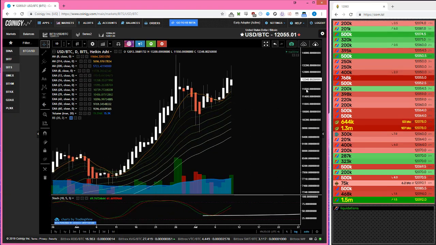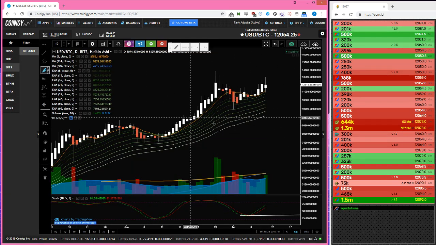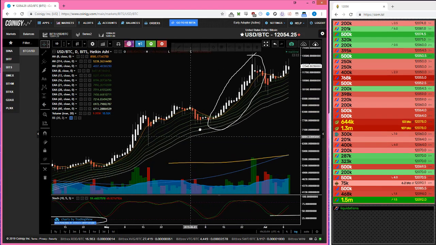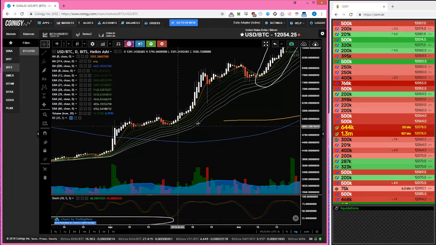And yeah, it's very useful. You can see this whole run. You didn't really have any reason to short if you were just trading on this until the top was in, and then we were at like 13k. Same thing with all these previous moves.